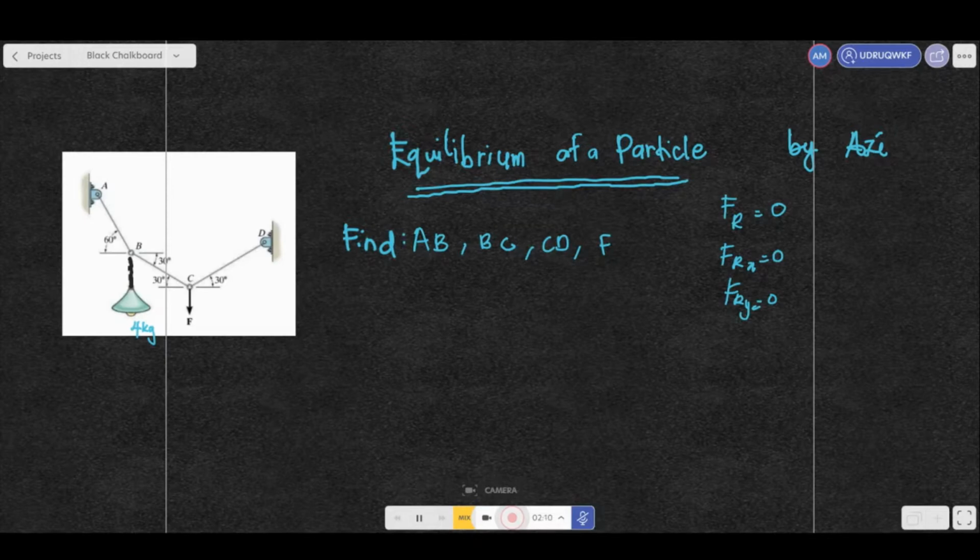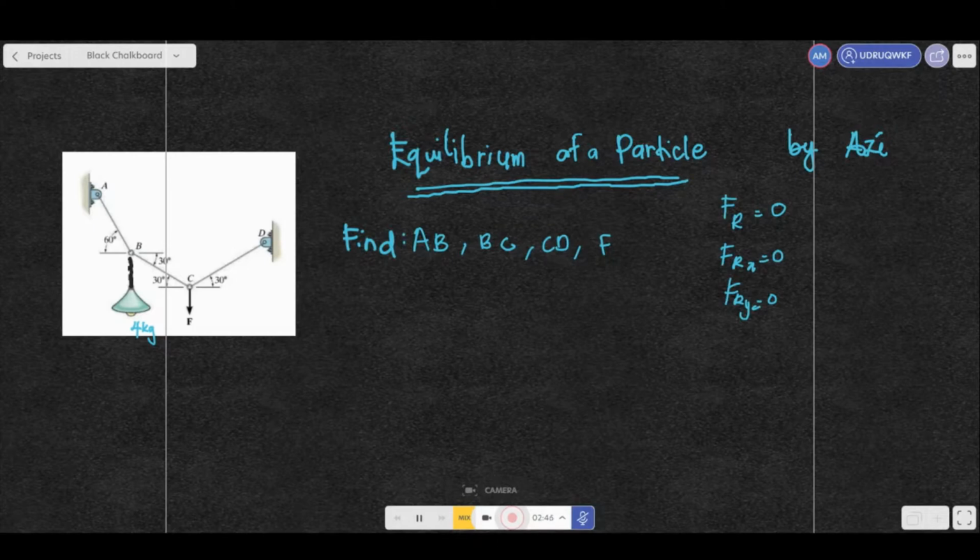First thing that we need to consider is that we have 2 points, or 2 particles here, which are C and also B. We have the known information, which is the mass of the lamp, 4 kg. You can calculate the weight by the mass times the gravity, so you get the force, or the weight, of the lamp.